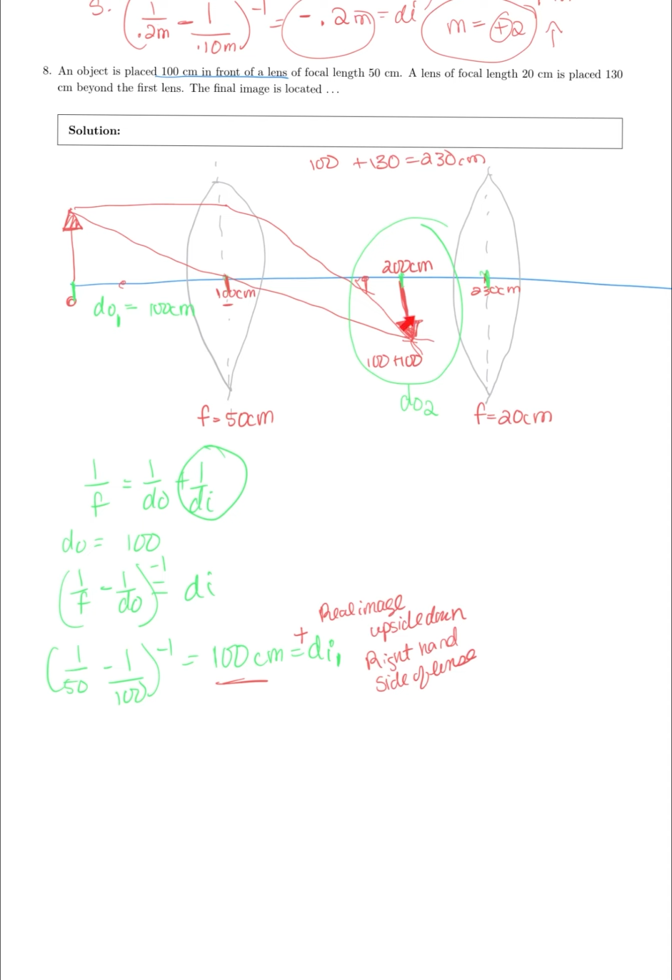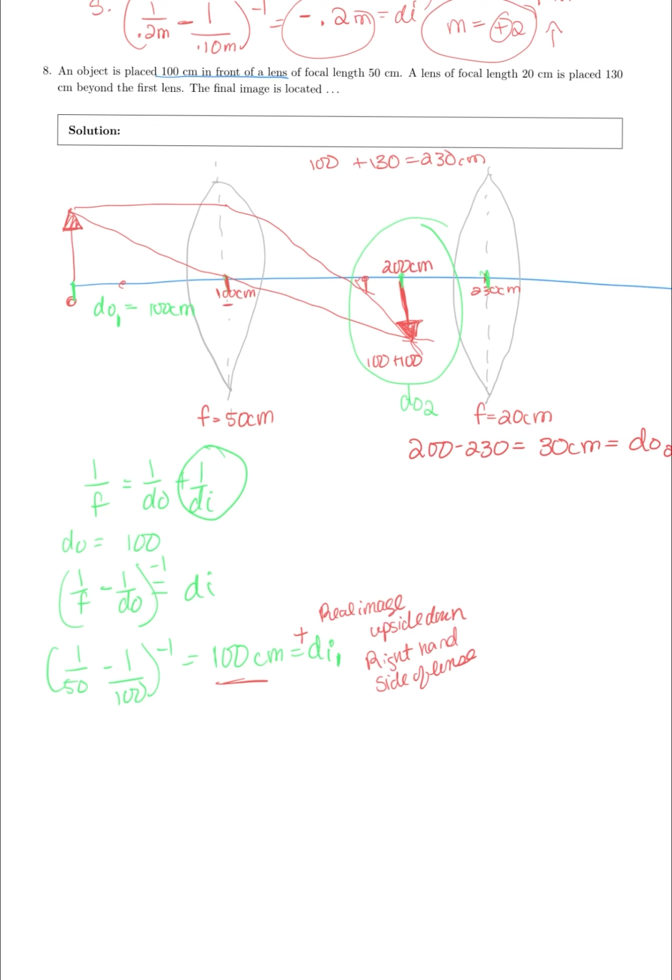And so he thinks that this image is the object that he's seeing. So if we want to know the object distance, all we have to do is say 230 minus 200. And that's going to give us that 30 centimeters equals the object distance from that object to lens 2.